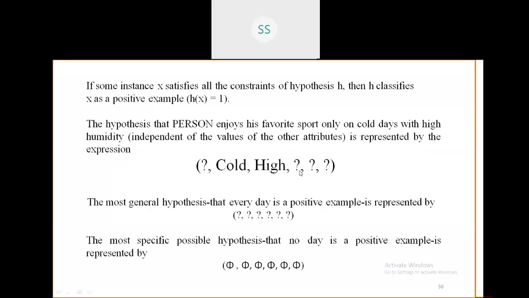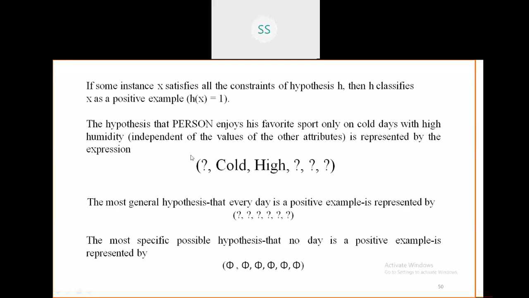Wind can be anything, water can be cold or warm, forecast can be change or same, and sky can be cloudy or sunny. These four values have no importance. If the air temperature is cold and humidity is high, I'll go and play the game, even if it is raining.